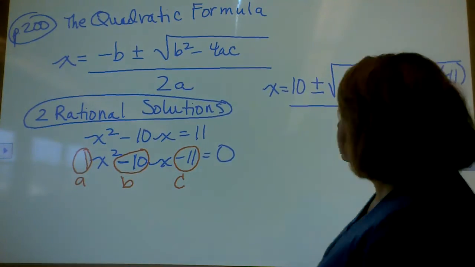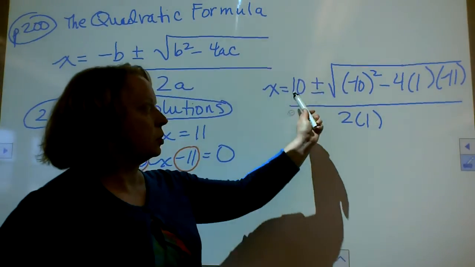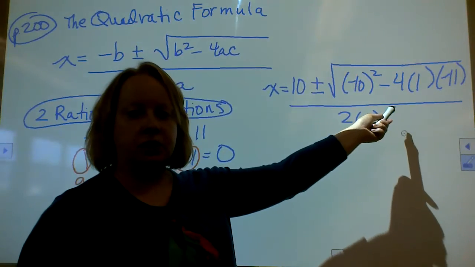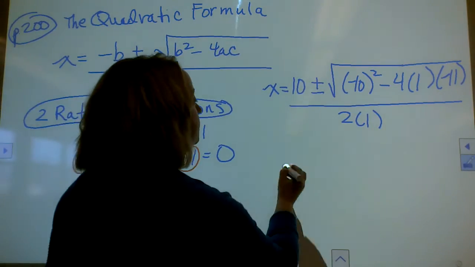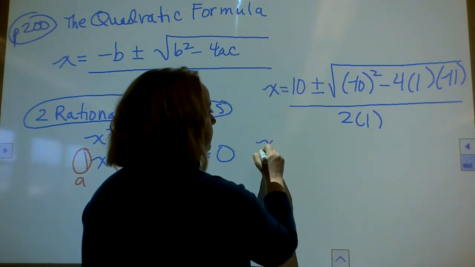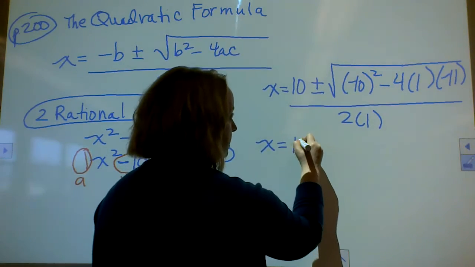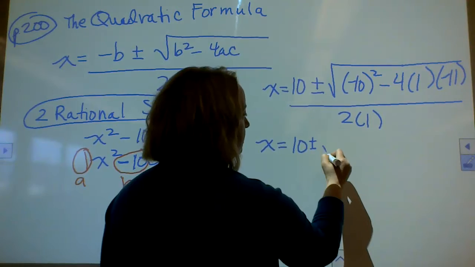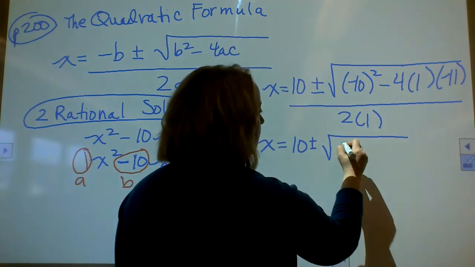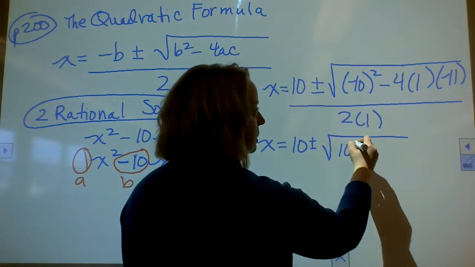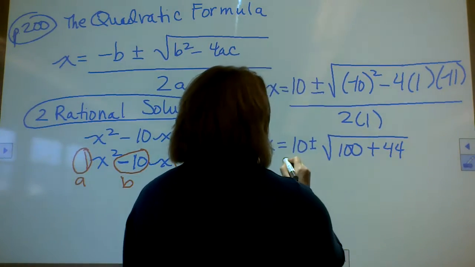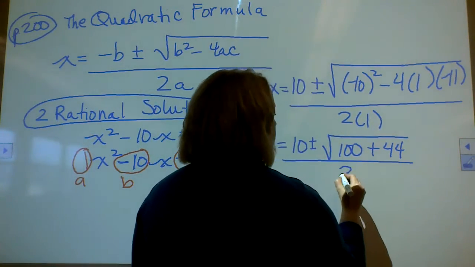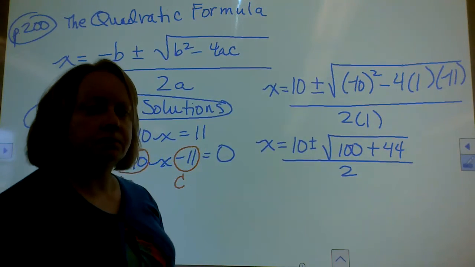The next step in the process is to work out what's under the root and then simplify this expression. So we get x equals 10 plus or minus the square root of 100 plus 44, long fraction bar, and then a 2 here.